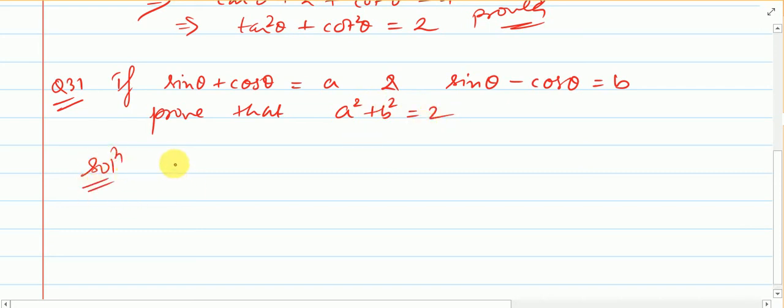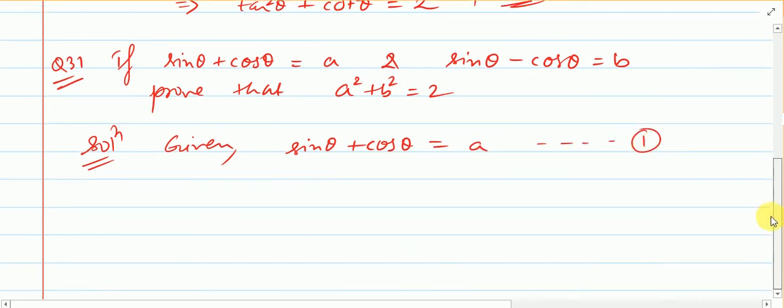Solution, given sin theta plus cos theta is equal to A, give this as equation 1. Okay, what I can do is I will square this both side.